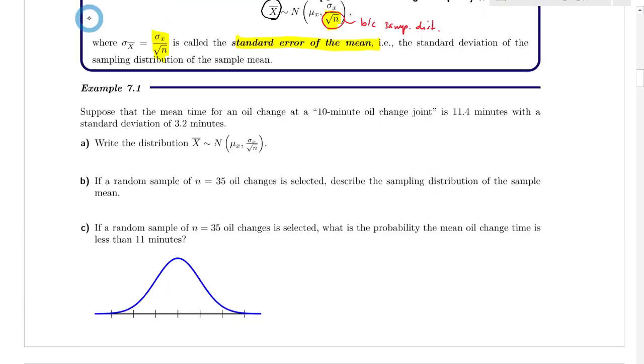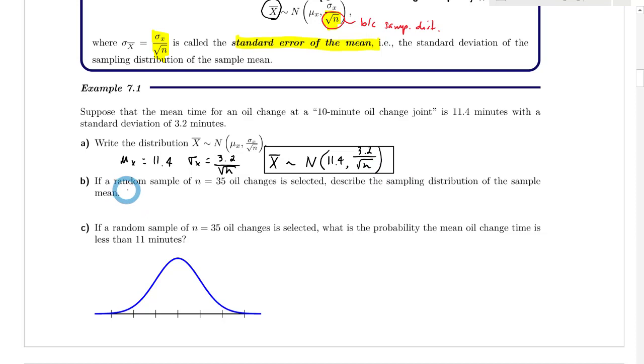Here we know that the average time for a 10-minute oil change, according to the distribution, is 11.4, and the standard deviation with respect to the sampling distribution is going to be the 3.2, divided by a sample size, which we don't know yet. So we would have x bar tilde normal distribution, parenthesis 11.4 comma 3.2 divided by the square root of n.